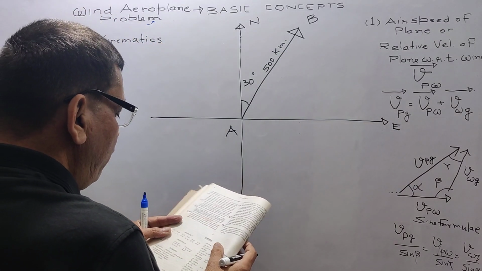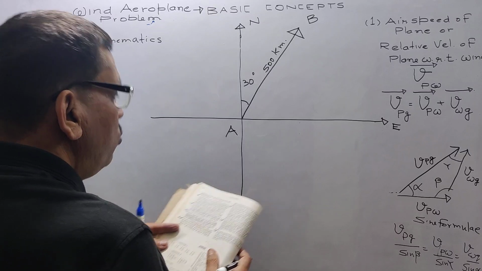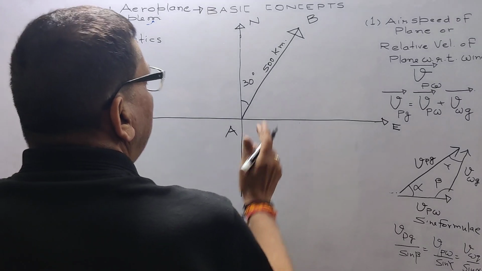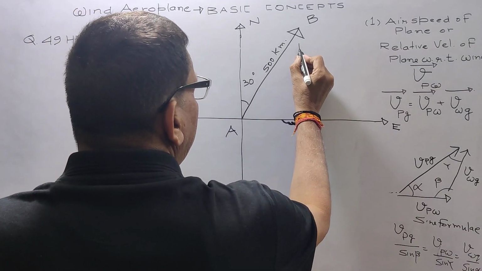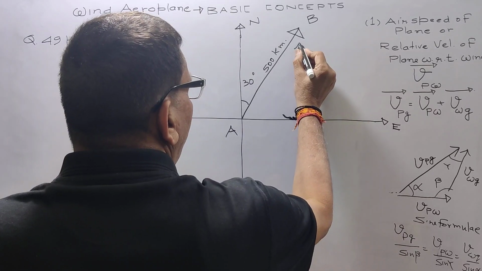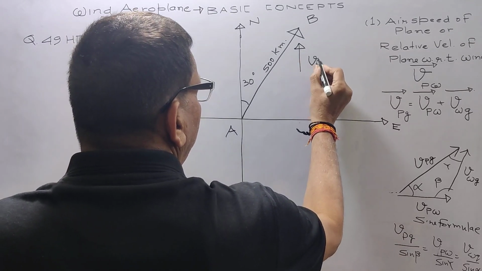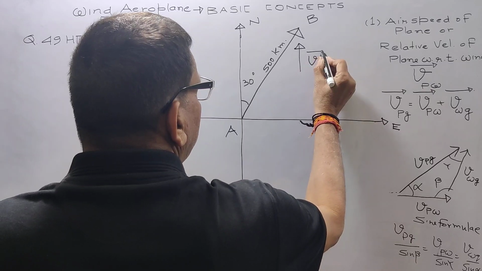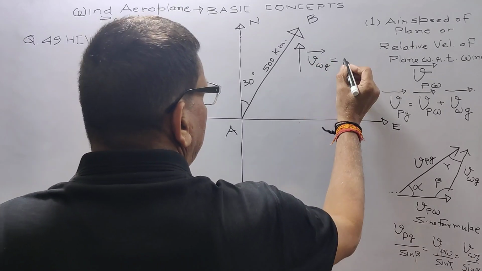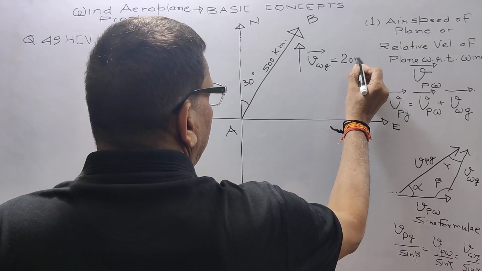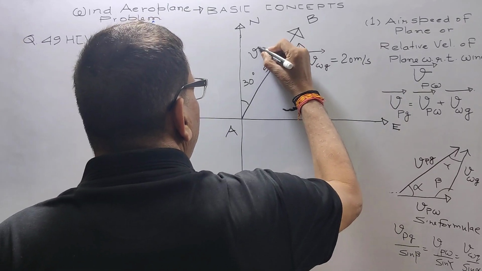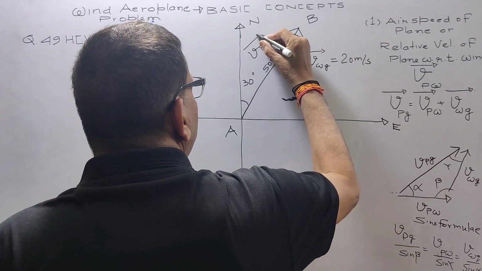Now wind is blowing due north with 20 meter per second. I can take the wind here, due north, VWG, with respect to ground, which is 20 meter per second, and this is VPG, the plane with respect to ground.